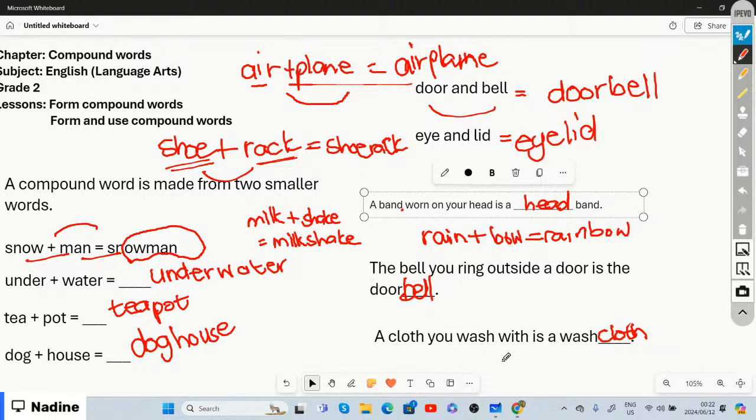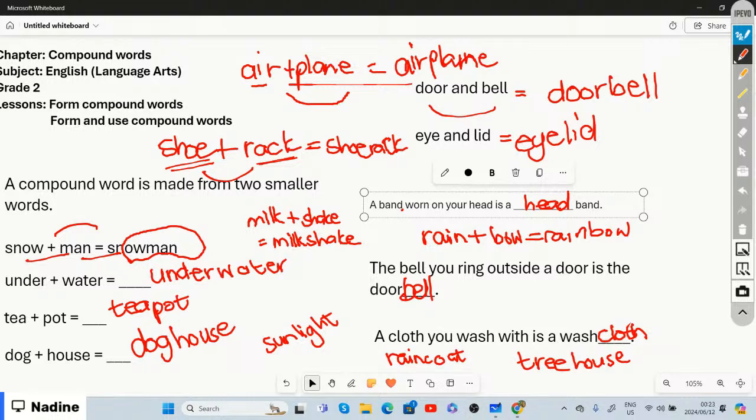Yes, well done. And all of those words are correct. We have raincoat, which is a coat that you wear in the rain. Did we say treehouse? No. So yes, we have tree plus house is a treehouse. Sunlight, definitely. Sun plus light is sunlight. Yes, no problem. All right.